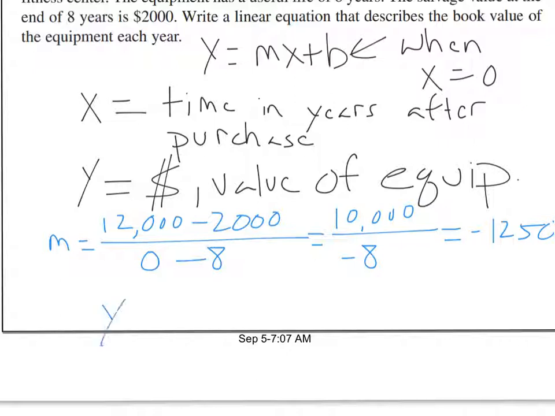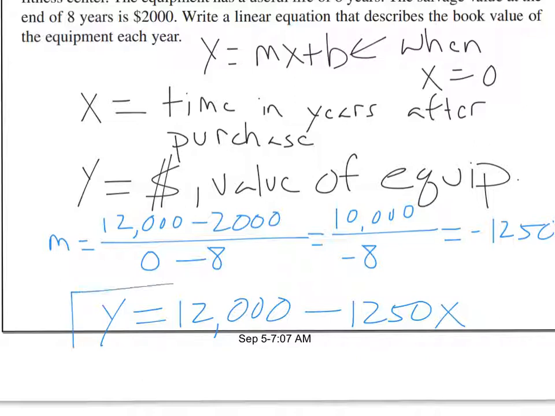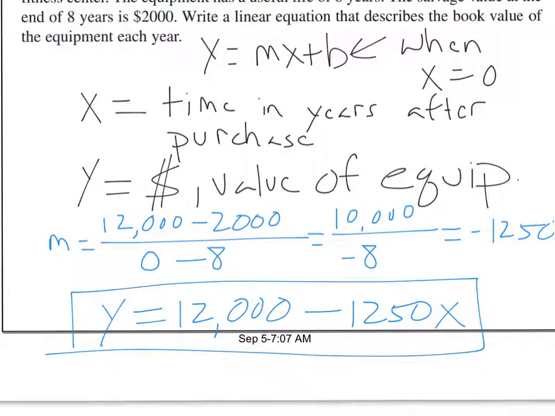So to put it all together, I'd have y, which I already defined, that's the value of the equipment, was 12,000. But then I have to take away 1250x, and that is what you'd be looking for, right there.